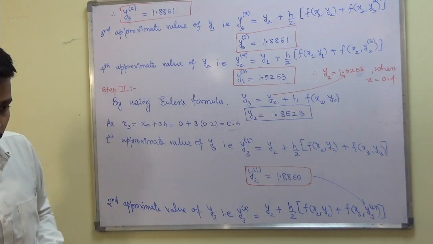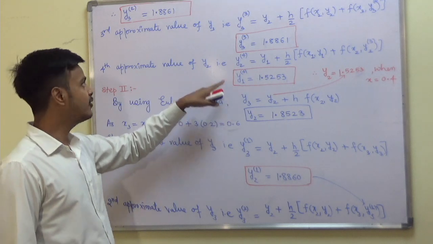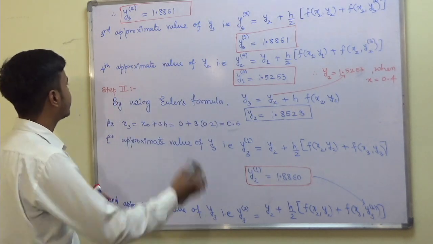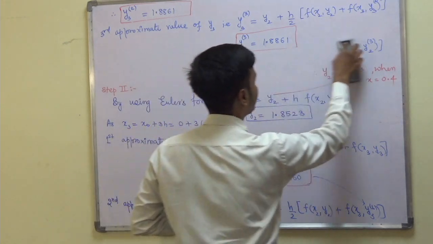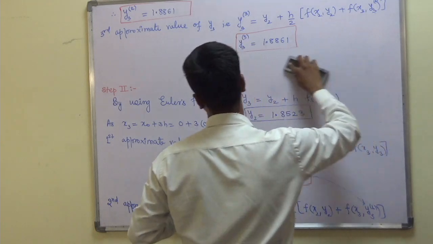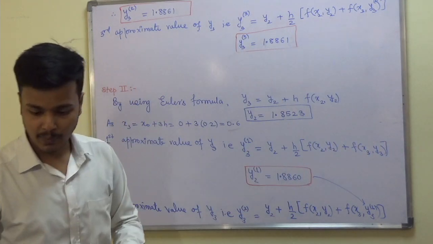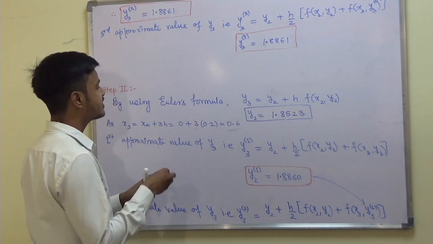Okay, so in the earlier steps we needed to find the fourth approximate value, but here we get the repeated value at the third approximation. So at last don't forget to write down your final answer.